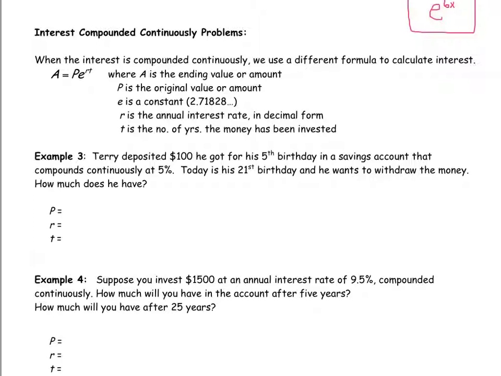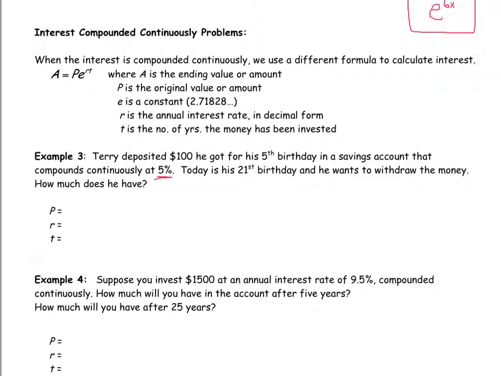Let's look at an example of how we're going to do this. Terry deposited $100 he got for his 5th birthday in a savings account that compounds continuously at 5%. Today is his 21st birthday, and he wants to withdraw the money. How much does he have?